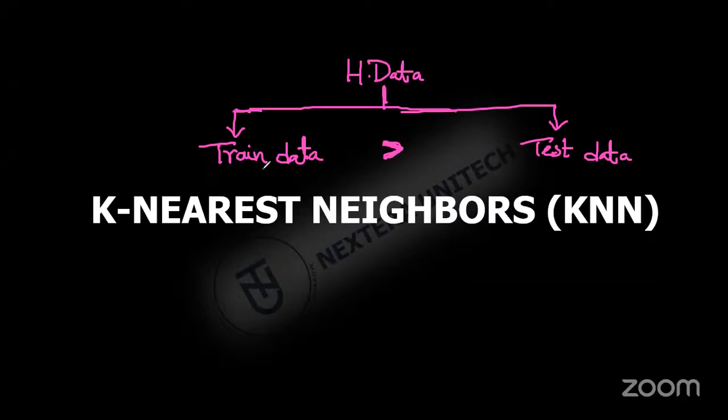Now, the purpose of train data is that on the train data, I'll build my model. I'll build this equation, the model, using the train data. And once after building the model, I'll go and test it on the test data.